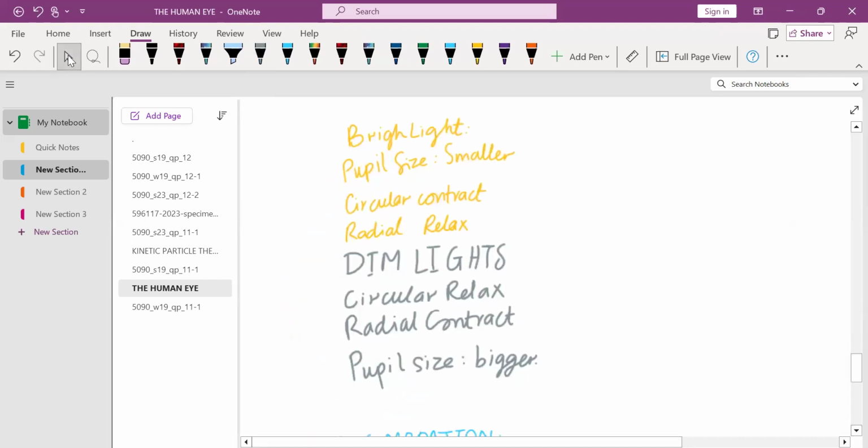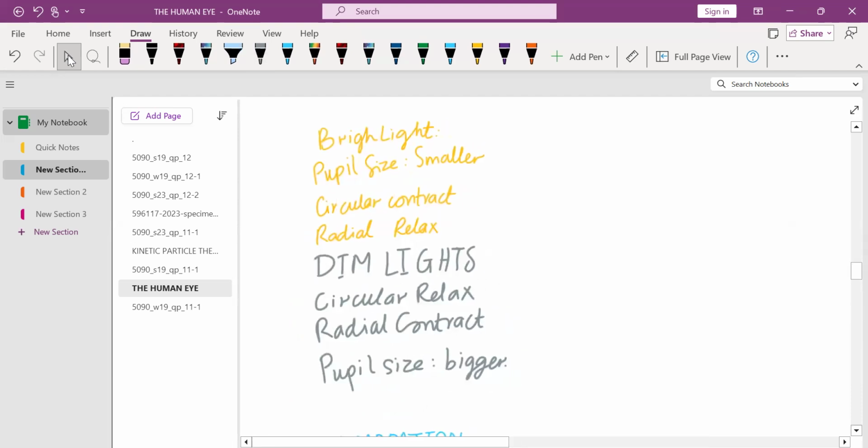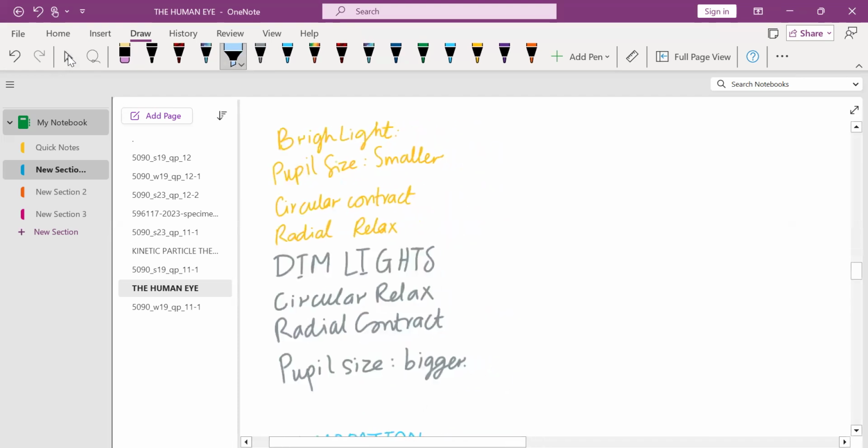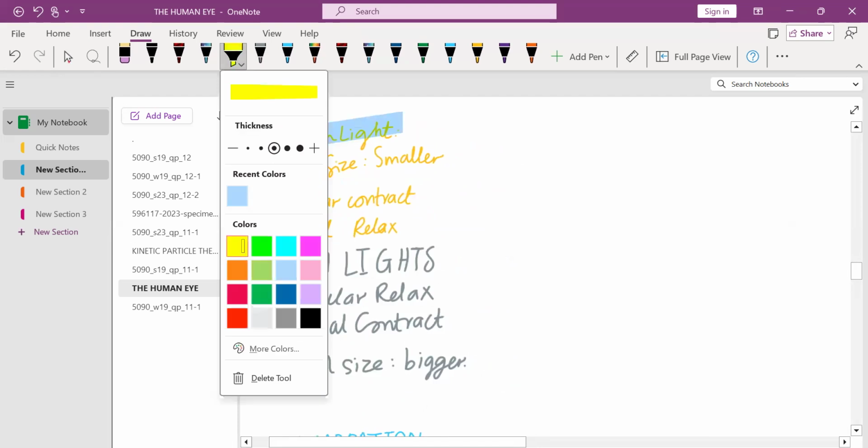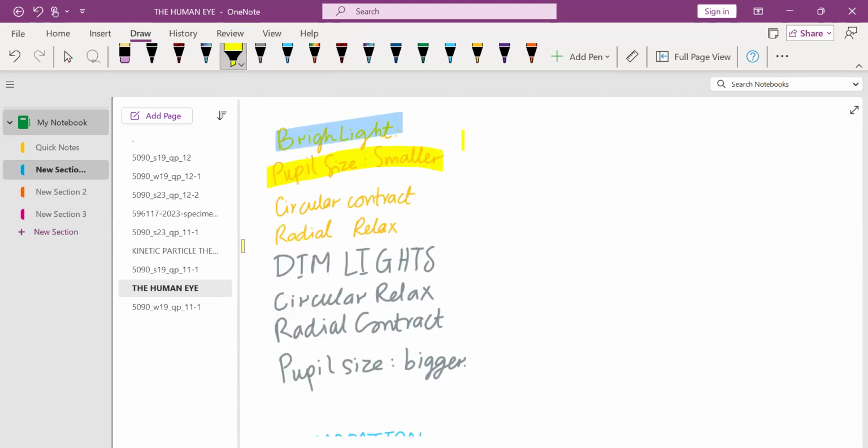The main thing in this chapter which you need to memorize is that when the light is bright, the pupil size is smaller, because the circular muscles contract and the radial muscles relax.